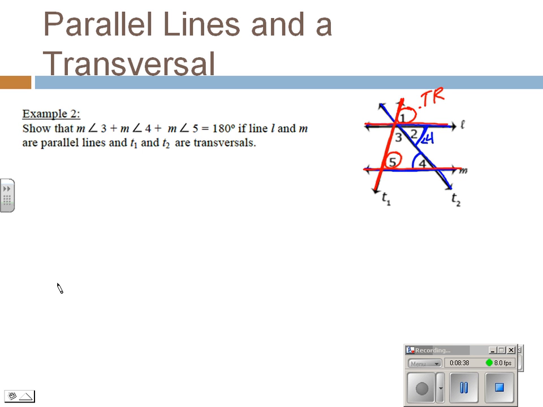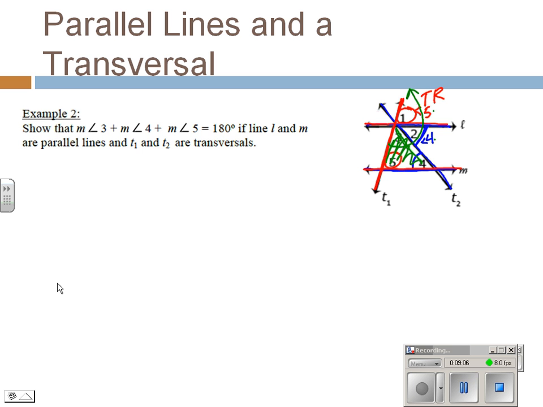So technically, I could say that angle 5 could replace angle 1 because they are congruent. And we know that this whole piece here is equal to 180. So we could say 3, 4, and 5 add up to 180 degrees. This also proves that the three angles inside a triangle add up to 180 degrees.